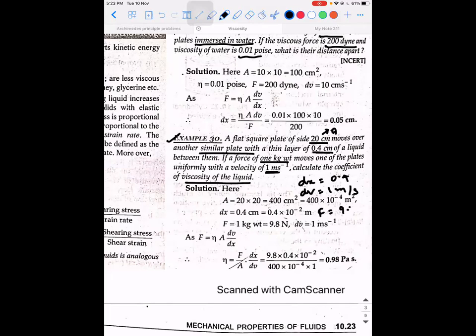Force is 9.8 Newton because 1 kilogram weight is 9.8 Newton or 980 dyne. Substitute in this formula: one unknown, one equation, you will get the value of eta. The calculation part I am leaving to you.